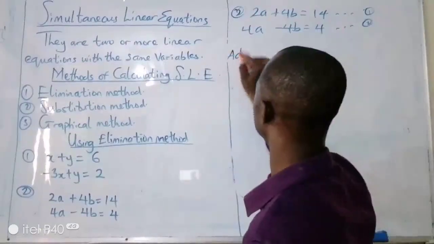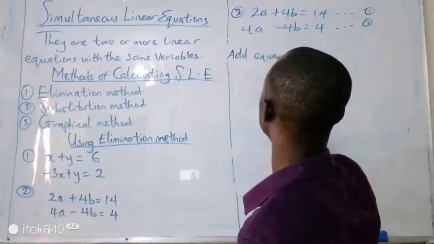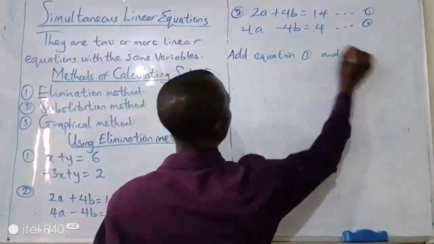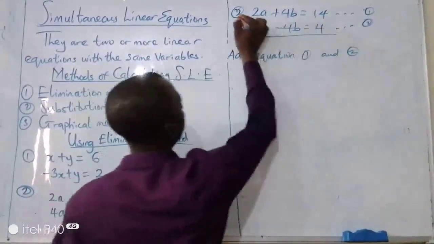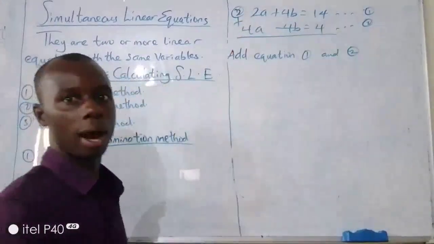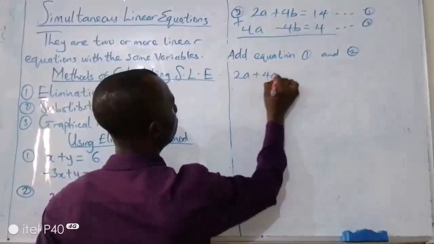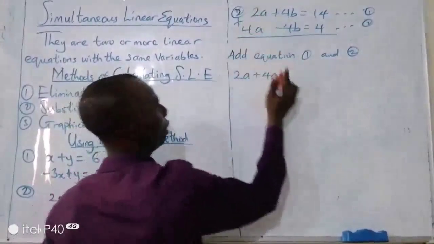So add equation 1 and equation 2. Let's do the addition together. So with this now, I will be having 2a plus 4a. Have you seen it now? 2a plus 4a here.